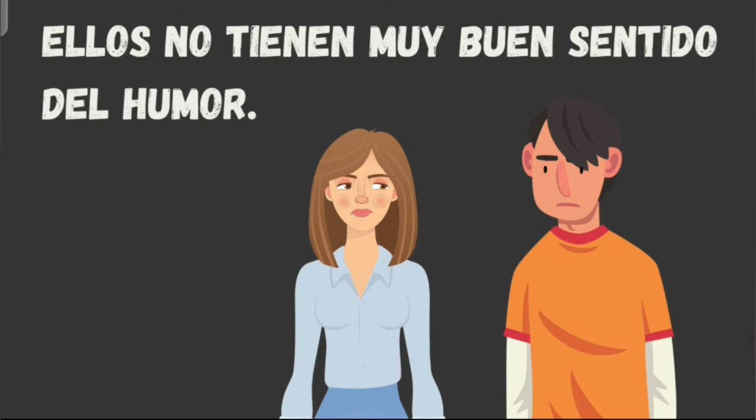Now we have the personal pronoun they, okay? If we're having a group of boys, or boys and girls mixed, or a boy and a girl, we're going to say ellos. So if we want to say they don't have a very good sense of humor, in Spanish we have to say ellos no tienen muy buen sentido del humor.